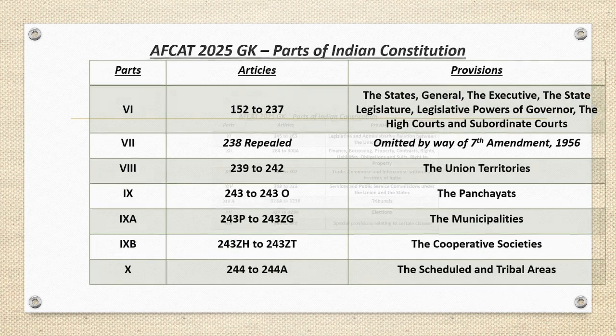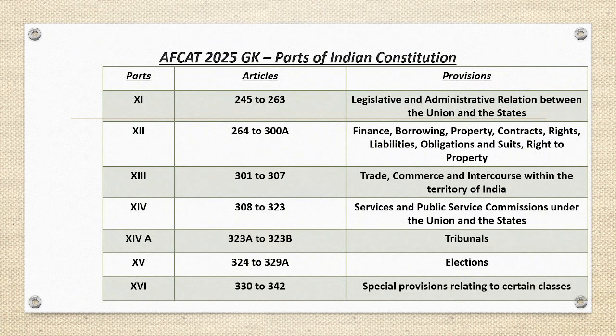Next we have part 11, articles 245 to 263, and it deals with the relations between center and state, that is the legislative relations and administrative relations between the union and the states.